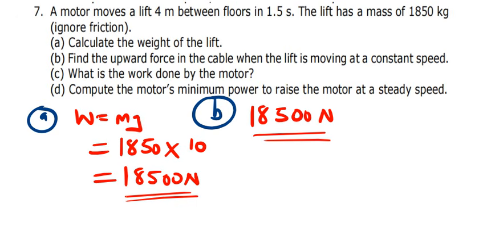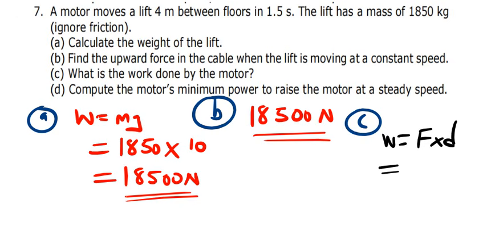Now we come to C. We are asked to find the work done by the motor. Work done is force multiplied by the distance. The distance in this case is the height.